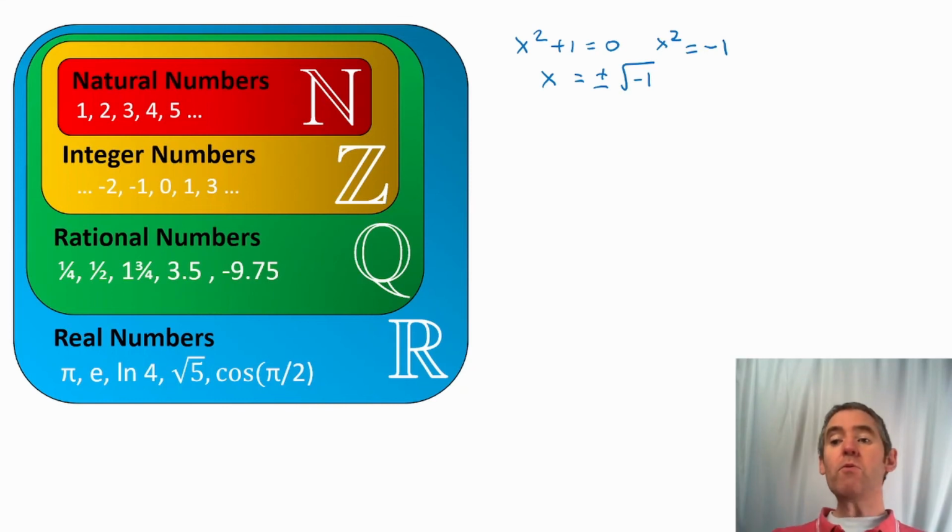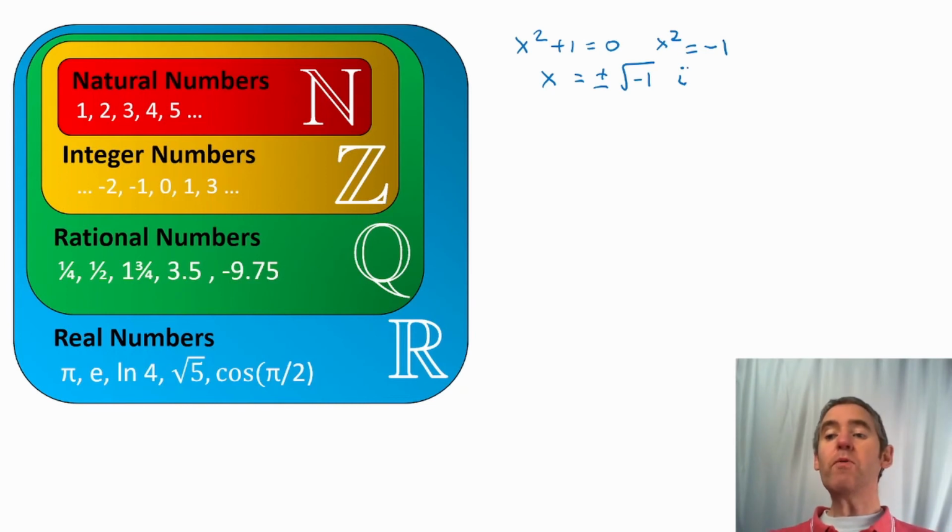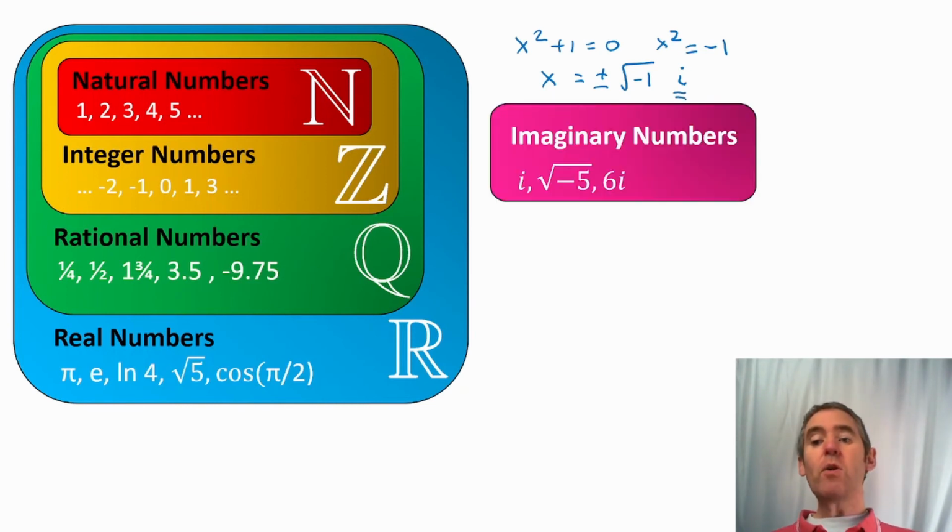And for that reason, we use a completely new symbol for that. That is the symbol i. We call that an imaginary number. So an imaginary number, it really does exist. It's not an imaginary thing, but it really does exist. And i is an imaginary number. The square root of minus 5 is an imaginary number. But they do not belong to the set of real numbers.